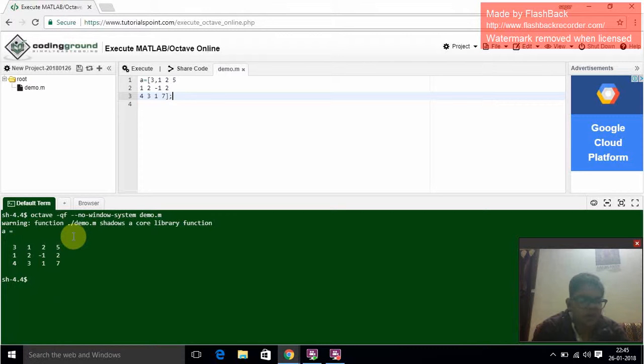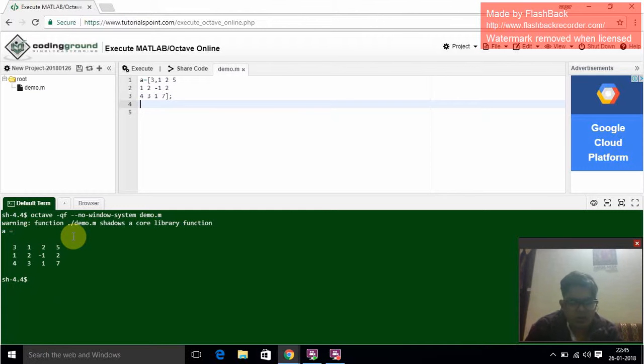Now, how do we do row reduction? First, if we use a percentage sign, it is a comment, and the compiler does not execute the comment. So first we will apply the operation for R2.